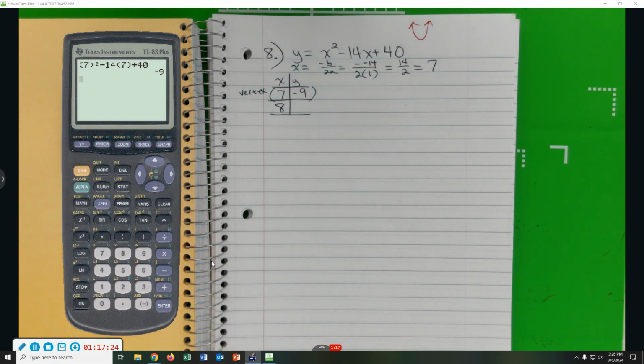Now plug in 8. So we'll have 8 squared. Now some calculators don't have that little designated squaring button.